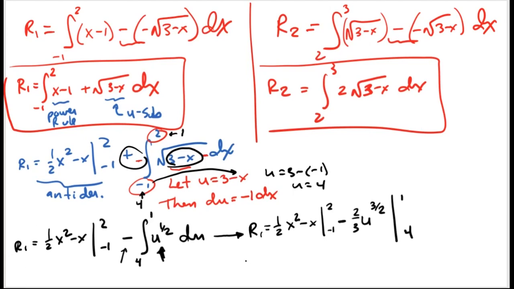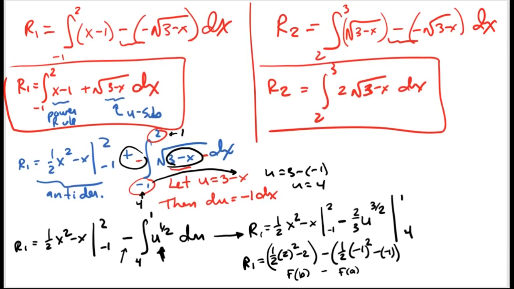So, as we continue to evaluate now using the fundamental theorem of calculus, this is f of b minus f of a from the first antiderivative.